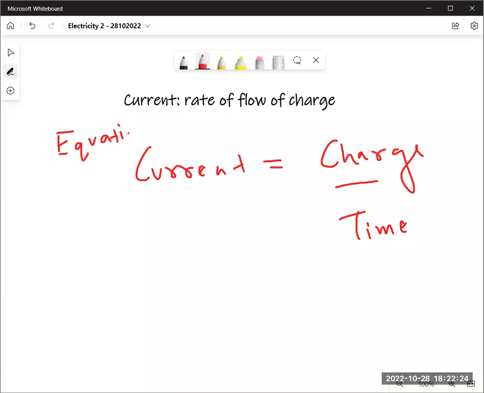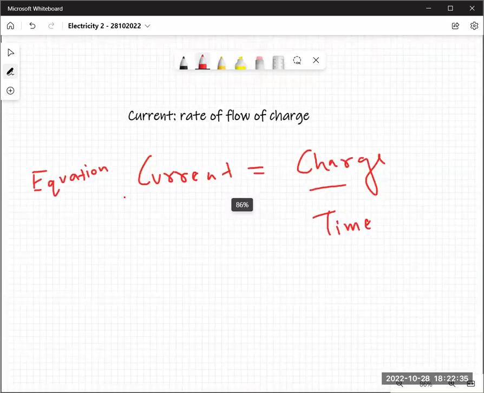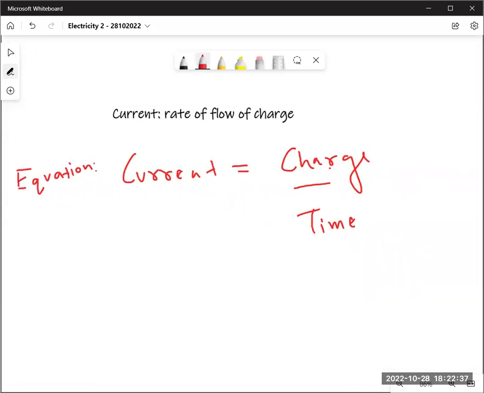What that means is how much current is flowing per unit time. And I know that current is A, amperes, charge is coulombs, which is C, and time is seconds.